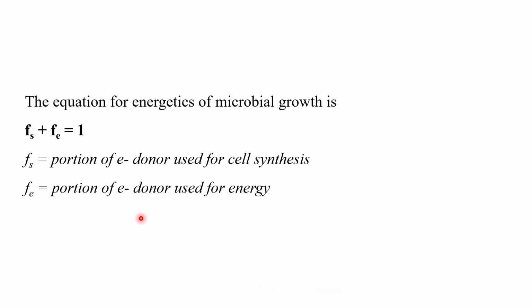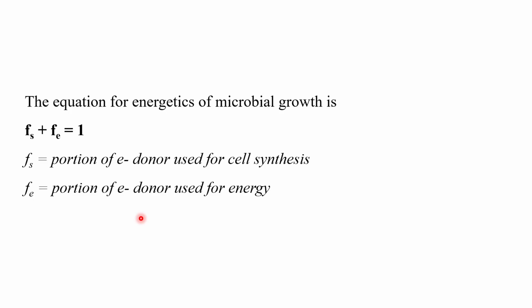So what is Fs and Fe? Fs is basically the portion of electron donor used for cell synthesis, and Fe is the portion of electron donor used for energy. So of all the electrons that are donated, some are also used for cell synthesis, because in your body different cells are continuously being made, and some cells are continuously dying.